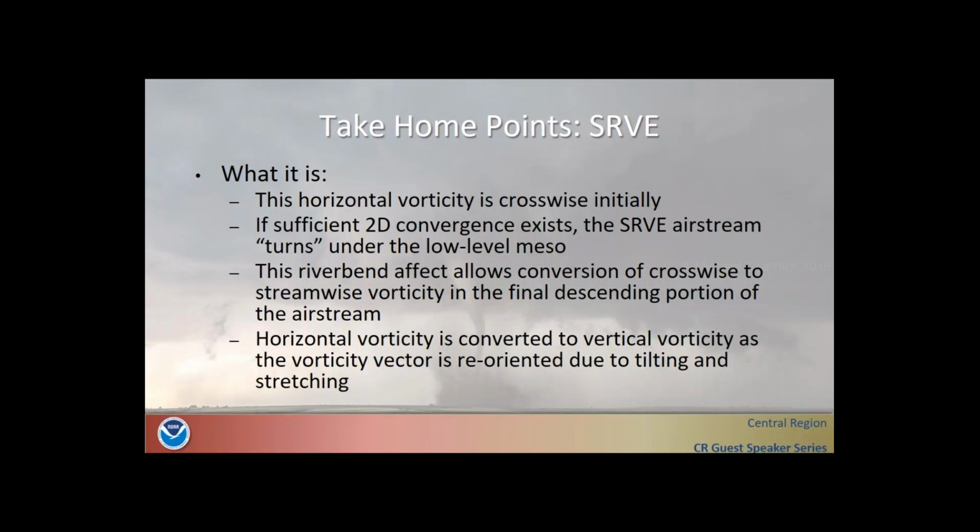And we'll talk about that in a second. But if you see that turning and everything else being decent, your odds of tornadogenesis increase. And so ultimately, you get that turning, that vorticity is tilted into the vertical and stretched, and now you get the bottom-up process of tornadogenesis.